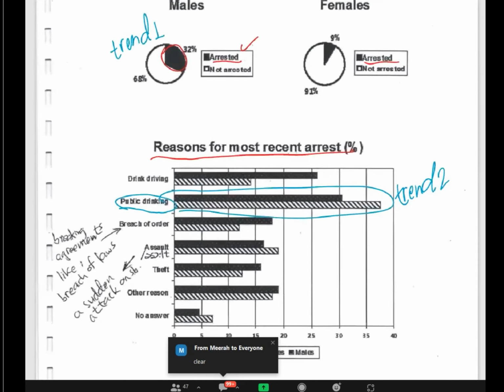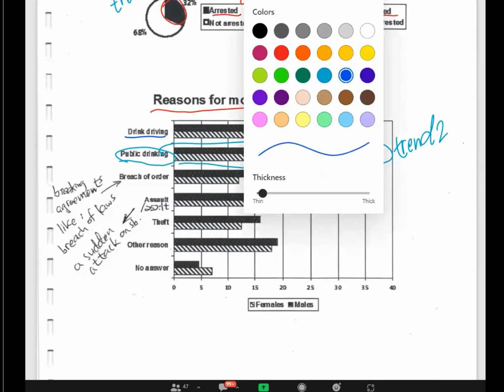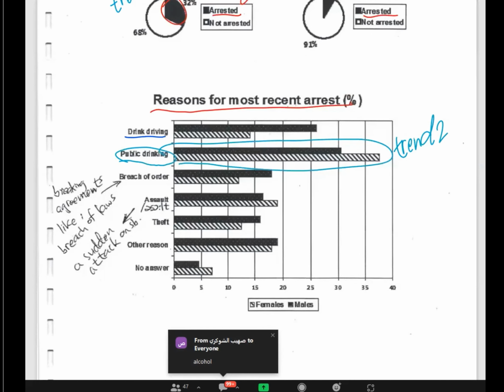Now, if we look at the other reasons, there is drink driving. People drive while they are drunk. Now, what does drink mean in English? Is it drinking water or drinking soft drink or something else? Drink in English means alcohol.